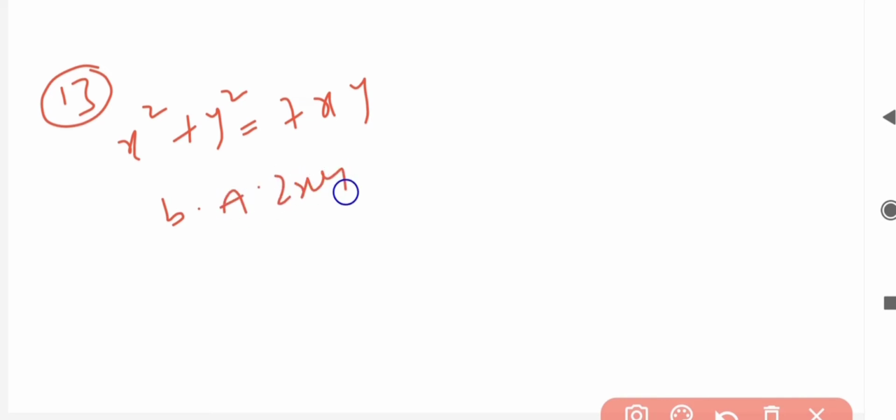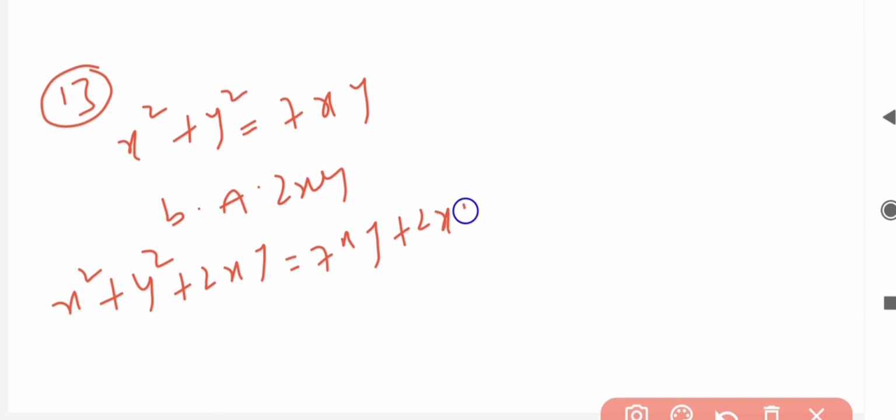So x square plus y square equals 7xy. Now add 2xy to both sides. So x square plus y square plus 2xy equals 7xy plus 2xy.